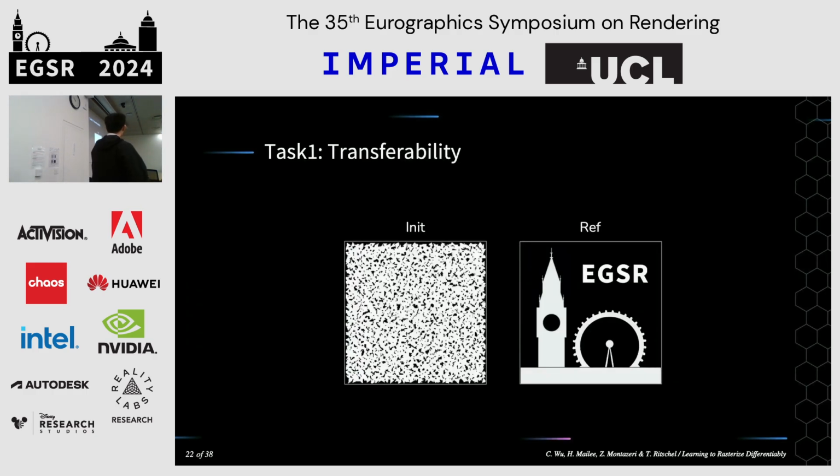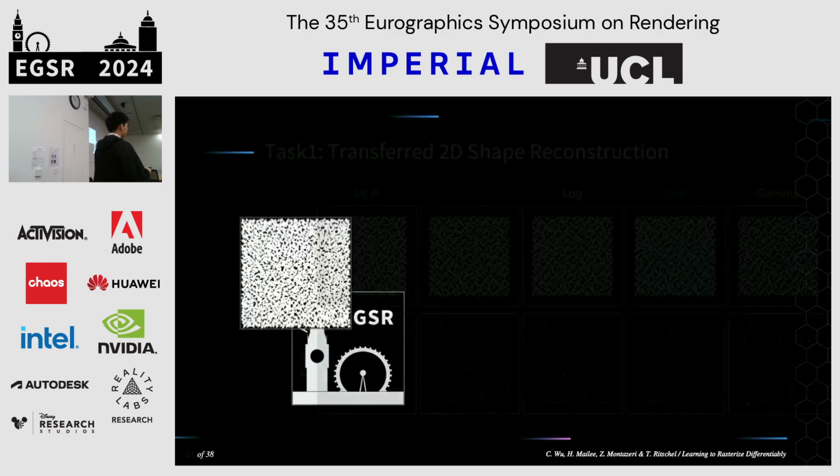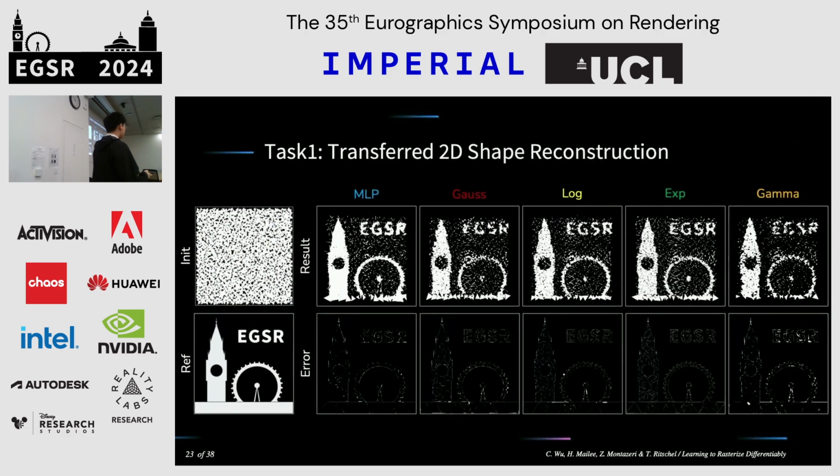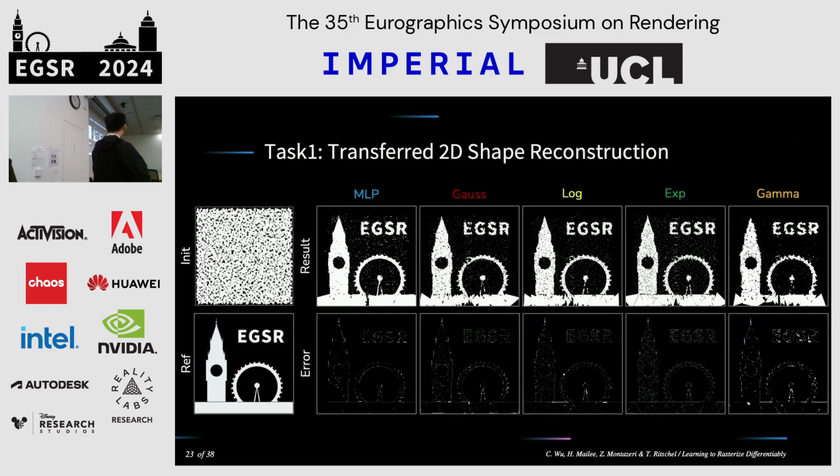We design a transfer task and we initialize thousands of triangles to match a more complex reference. But in this task, we still use the same MLP learned from the last task, and it still gets the best result, while the other 4 CDFs are researched for this specific task.